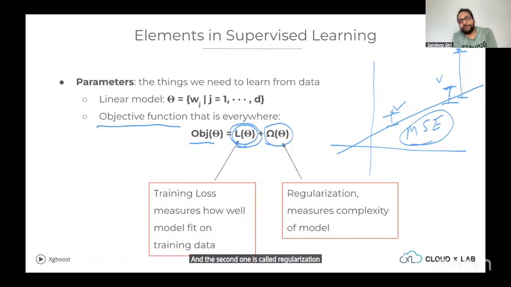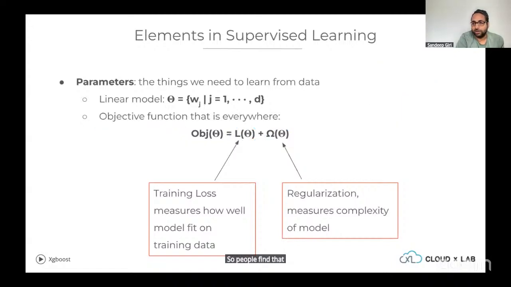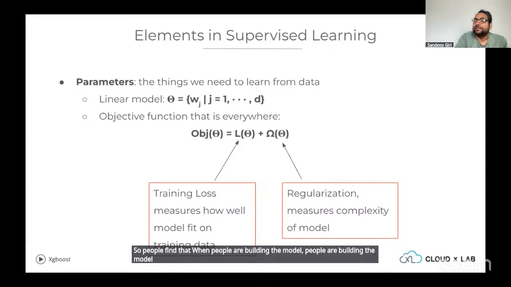What does it mean? People building models have a tendency to start overfitting the data.